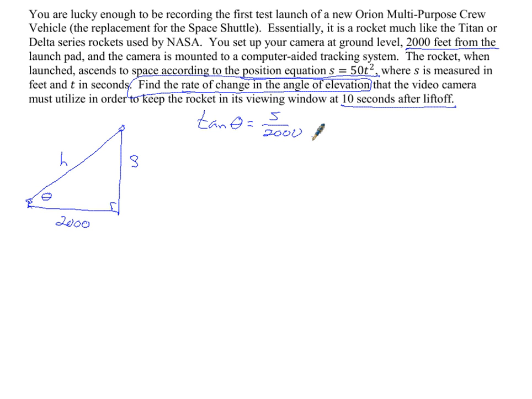But what we've just done is developed an equation actually very easily in terms of the two things that we don't know. Theta. We know that we need a d theta over dt because we're looking for rate of change of the angle of elevation. So we have to have an equation in terms of theta. And we also need this S because that's what's changing. Okay?